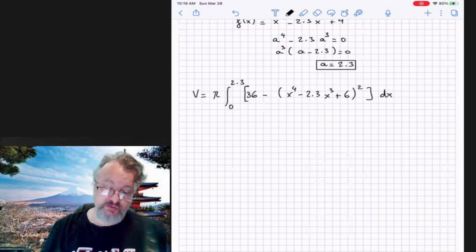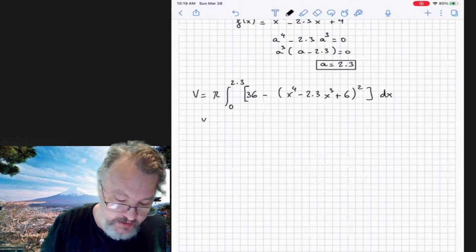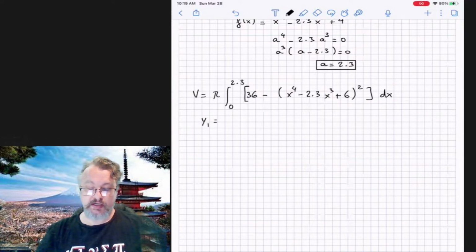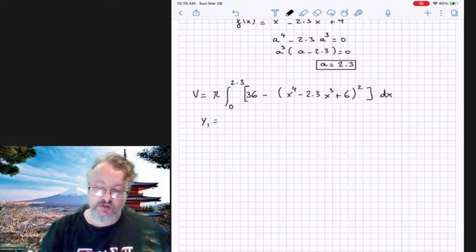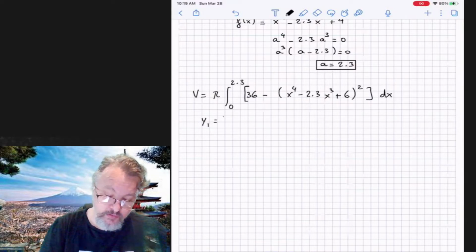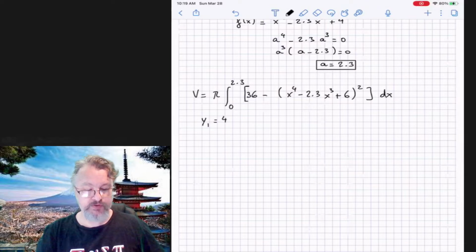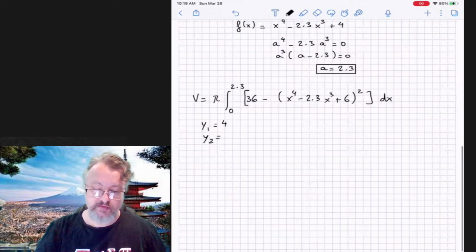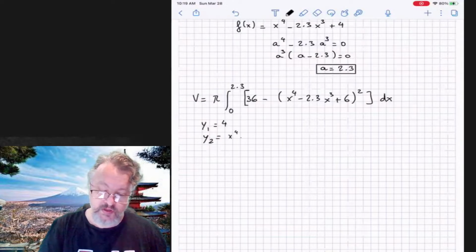I'm going to write under y1 in my calculator the function y equals 4. Okay, y equals 4. Done. Under y2, I'm going to have x to the fourth minus 2.3 x cubed plus 4.